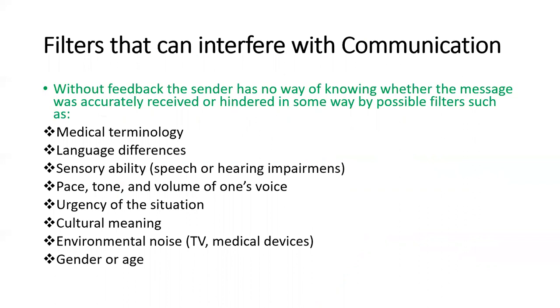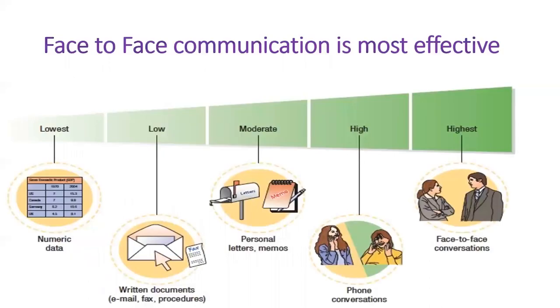Language differences, sensory ability, such as having speech or hearing impairment, pace, tone, and volume of your voice, the urgency of the situation, cultural meaning, environmental noise from the TV or medical devices, or it could be other people in the room, as well as gender or age. Face-to-face communication is the most effective communication. Here are illustrations of other forms of communication.